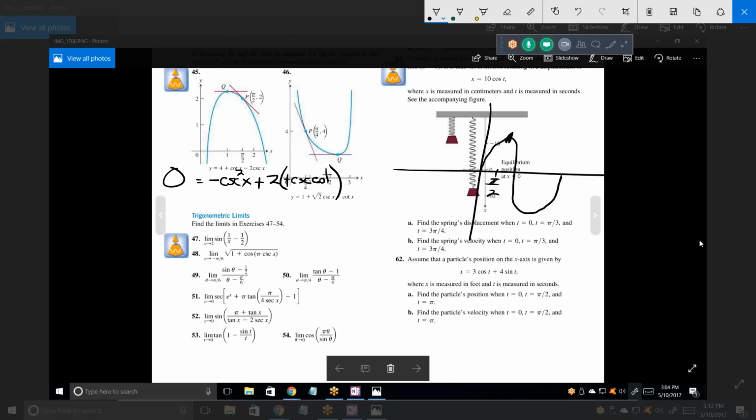Well, this looks a lot like a quadratic that can be factored. Is there a greatest common factor I can take out of there? Could I take cosecant out? You can take a cosecant out, even though it's negative.